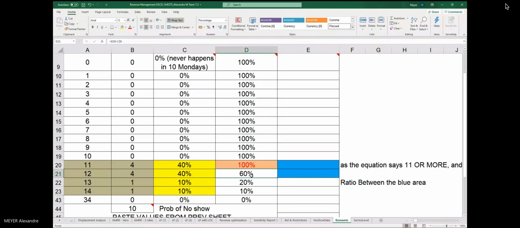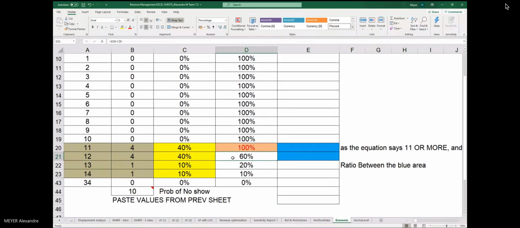So in this case, it's 60%. And the same principle for 13: you subtract the probability of 11 and 12. So here it's 20% likely you will have 13 or more no-shows.